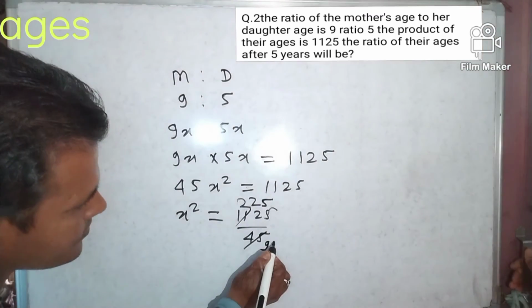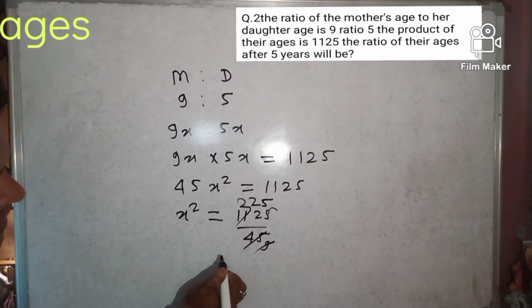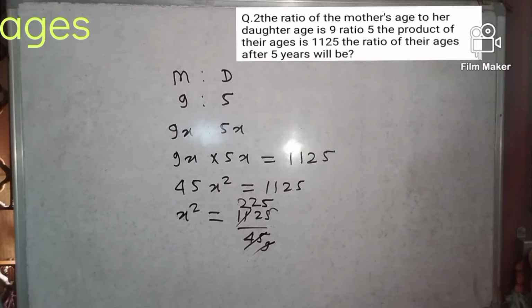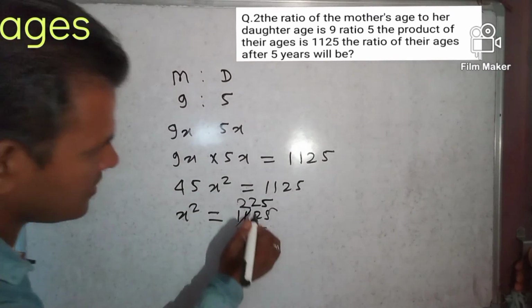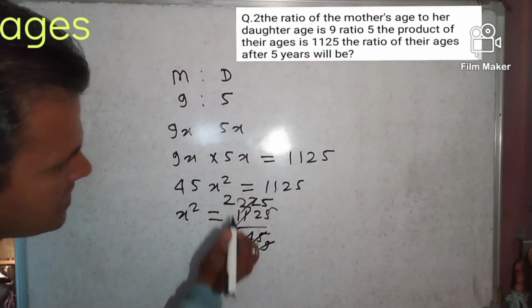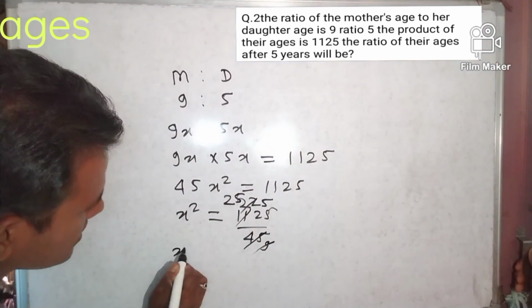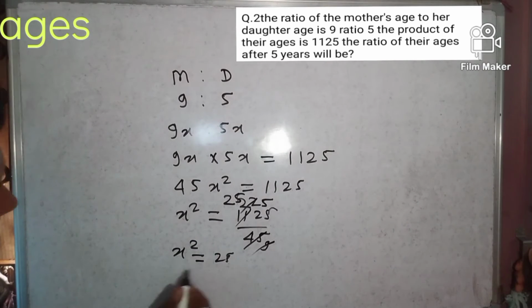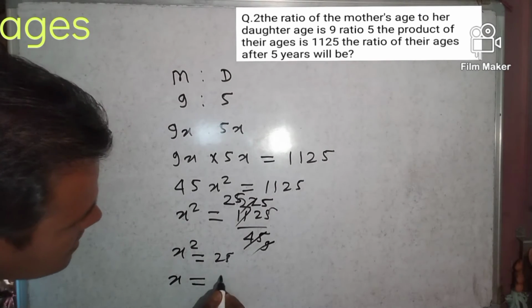So x square is equal to 25, right? So x will be only 5.